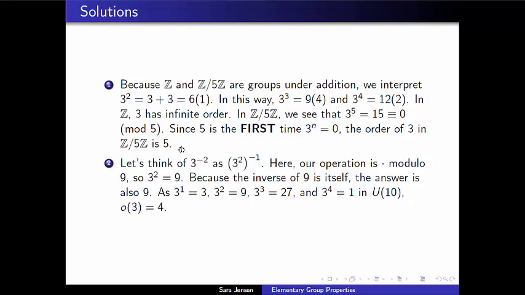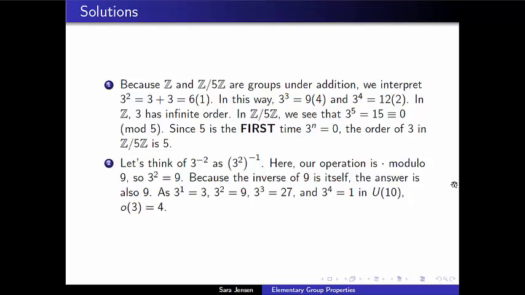If we're looking at something like 3 to the -2 power, let's take off the negative part of that exponent, and then let's think about what 3 to the absolute value of that natural number is. And then let's combine that with the group theoretic interpretation of a -1 sign, which is an inversion. So the way that we would want to compute something like 3 to the -2 is to first compute 3 squared and then take an inverse.